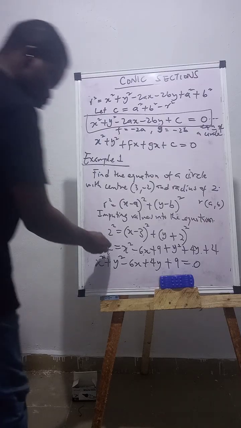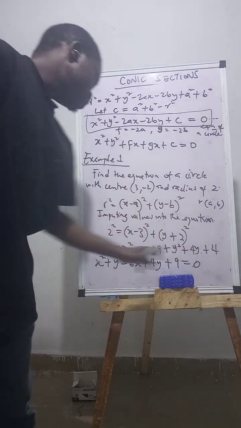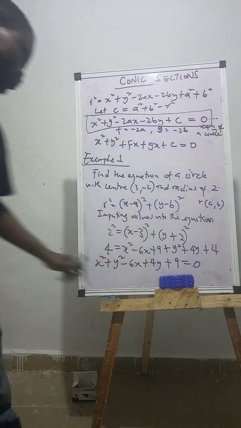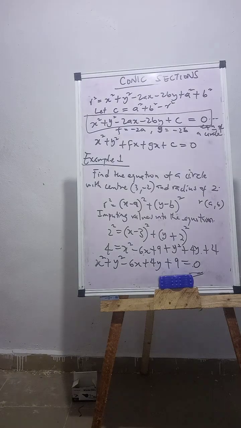We took this 4 and left 0 outside, and then this 4 cancels this 4, but this 9 remains. So this is the equation of the circle, right? As simple as that.